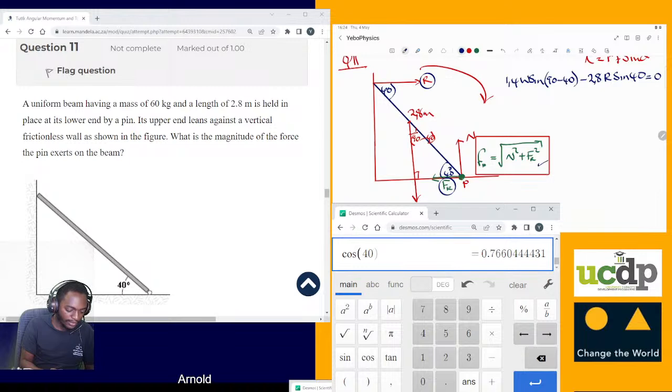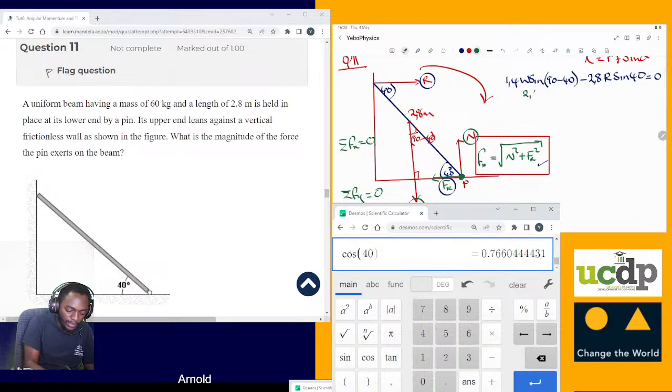And this normal force is equal to this force in y, because the sum of forces in the y should add up to 0, and also the sum of forces in the x should add up to 0. So if we get our reaction force, it means we've obtained our frictional force. If we have our weight, which means we have the normal reaction, then we can plug in there.